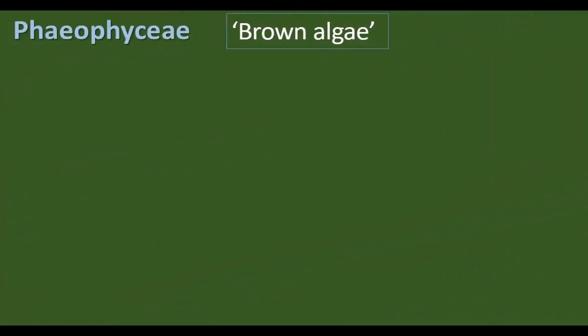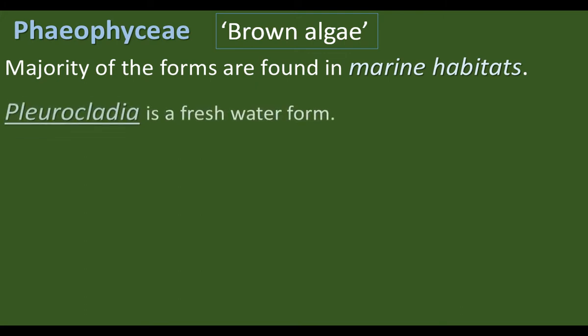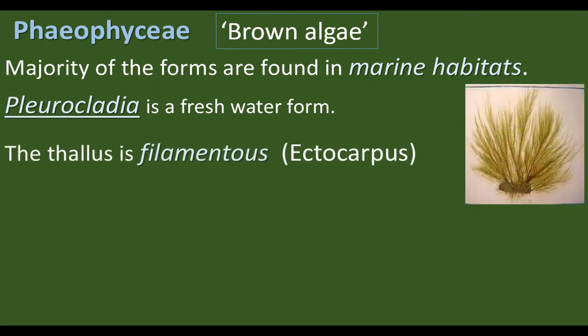Phaeophyceae, the members are called brown algae. The majority of the forms are found in marine habitats. Chlorocladia is a freshwater form. In Ectocarpus, the thallus is filamentous.